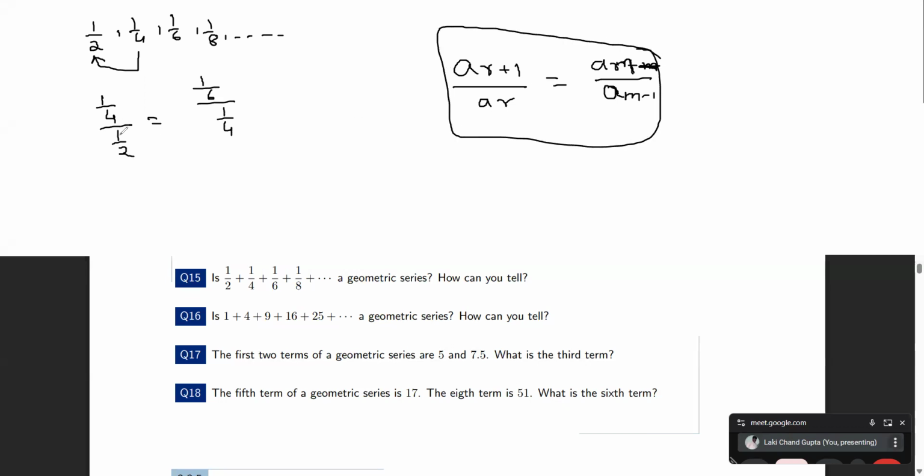Okay, let's check: 1 over 2, and here you are getting 2 by 3. Both are the same? No. So this is not geometric. There is no common ratio.